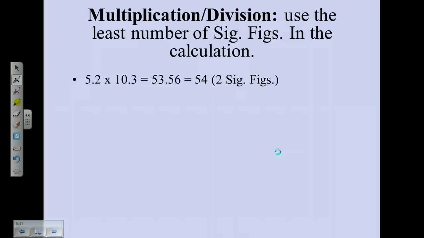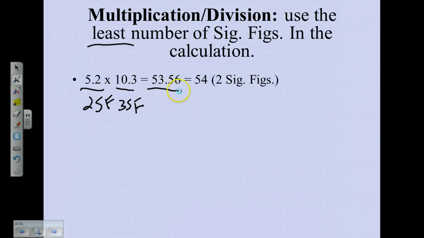When we look at multiplication and division in terms of sig figs, this is an easier way to determine sig figs. We're just going to look at the sig figs in each of the numbers. So here we have 2 sig figs, and here we have 3 sig figs. And we're going to use the least number. So here we have 5.2 times 10.3.